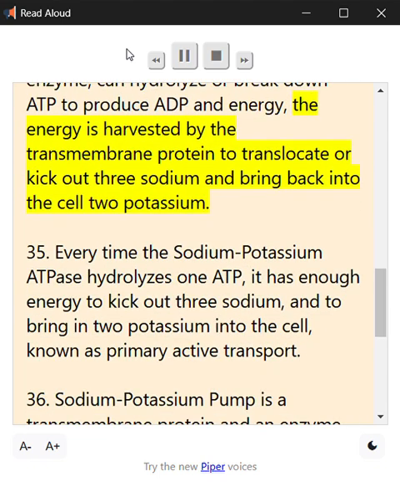The energy is harvested by the transmembrane protein to translocate or kick out 3 sodium and bring back into the cell 2 potassium. 35. Every time the sodium-potassium ATPase hydrolyzes 1 ATP, it has enough energy to kick out 3 sodium and bring in 2 potassium into the cell, known as primary active transport.